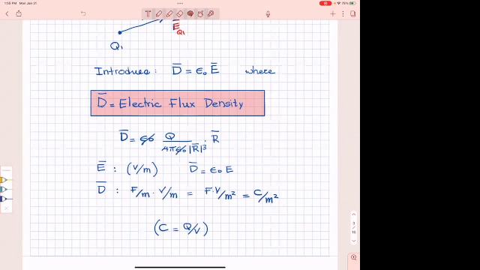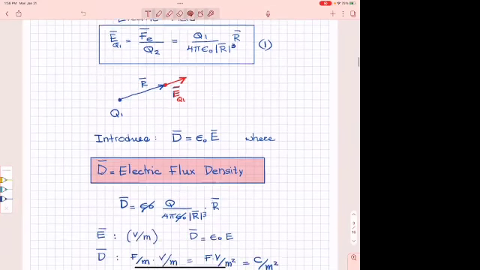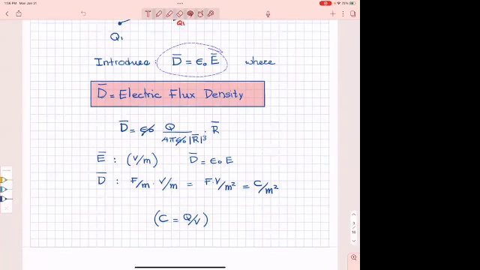Now D, which is epsilon naught times E, if you plug in there the electric field expression which we got from Coulomb's law, then at the end, epsilon naught is in farads per meter and E is in volts per meter. So if you go here, you see farads per meter, volts per meter. Farads times volts gives what? Coulombs.